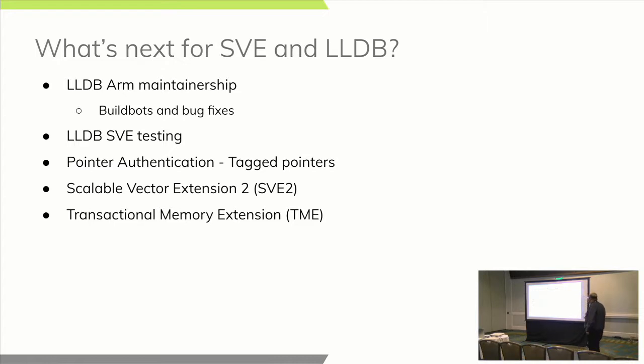And then there are upcoming projects that we might take up in the next year or so, which are tag pointer support, SVE2 and TME support. I'm not sure how much debugger work there will be in those two projects, but the tag pointer support is required in LLDB, which we'll be doing in the future.